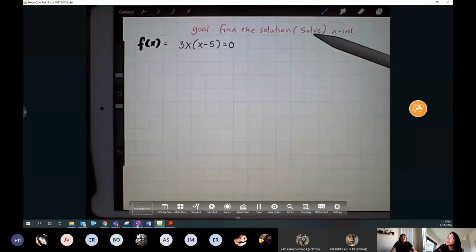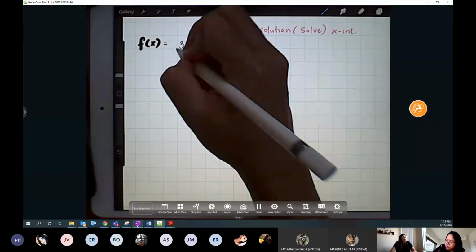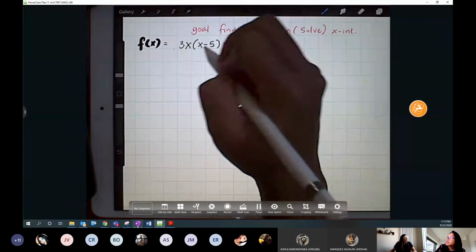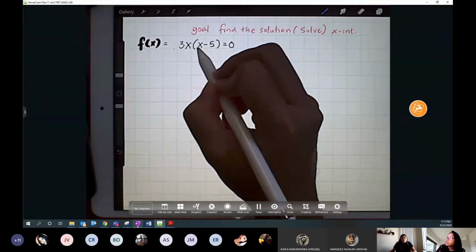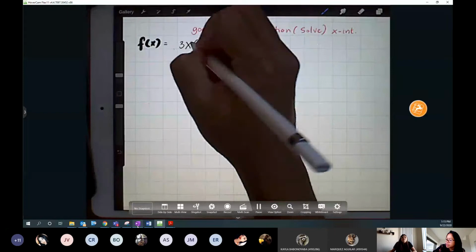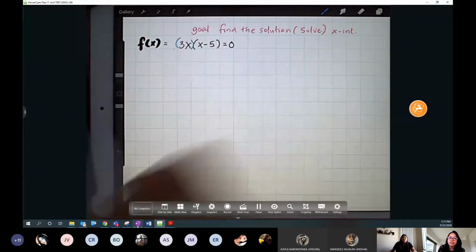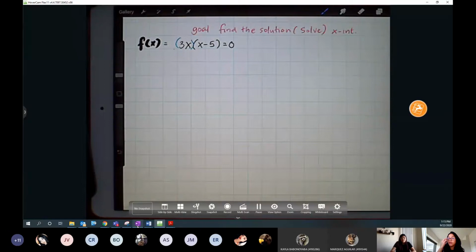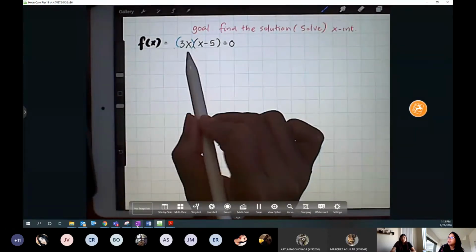It's just the x-intercept that you're trying to get. And x-intercepts are the x's. So in the first example, we have 3x times x minus 5. You see only one parenthesis, but you can also put a parenthesis around 3x. That way you have two sets of factors.